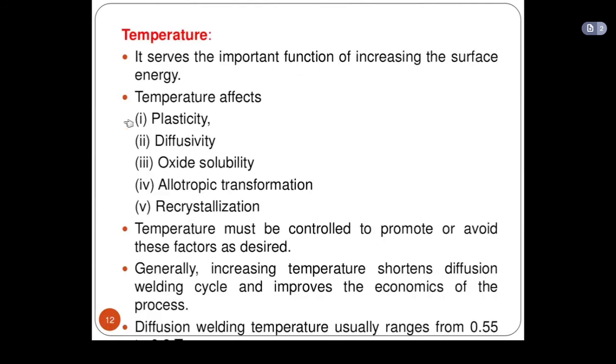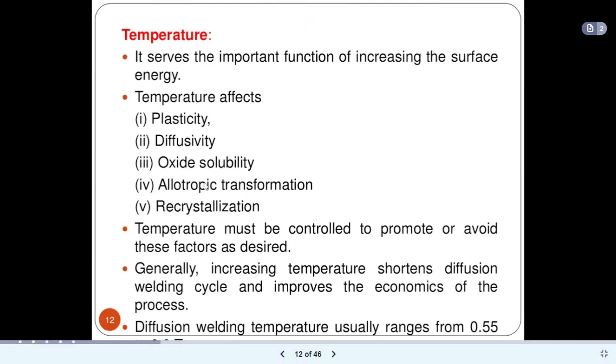The second factor is the temperature. It serves the important function of increasing the surface energy. Temperature affects plasticity, diffusivity, oxide solubility, allotropic transformation, and recrystallization. The temperature must be controlled to promote or avoid these factors as desired.